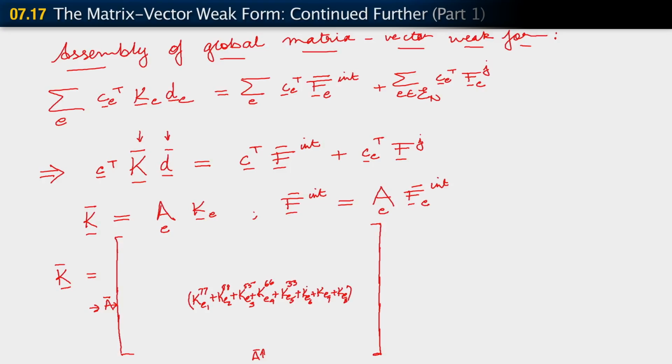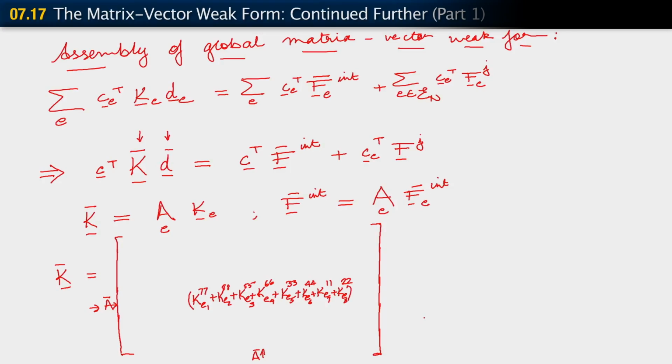For E6 it would be 4 4. E7 it would be 1 1. And E8 it would be 2 2. Okay. Note also that because I'm looking at only the A bar component of the global stiffness matrix, or the global, in this case, conductivity matrix, I'm sorry, we have also the diagonal contributions from each element, right?